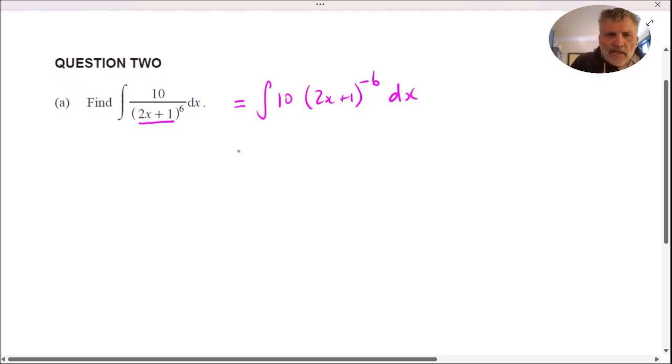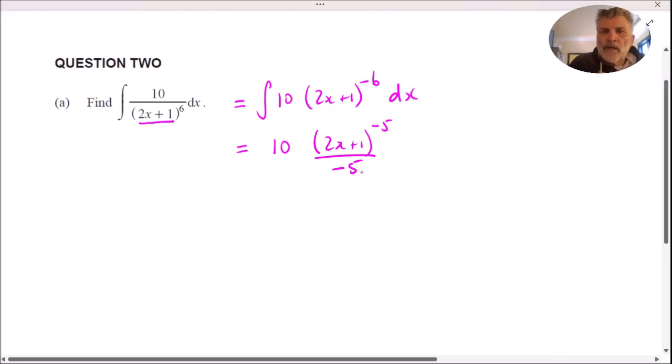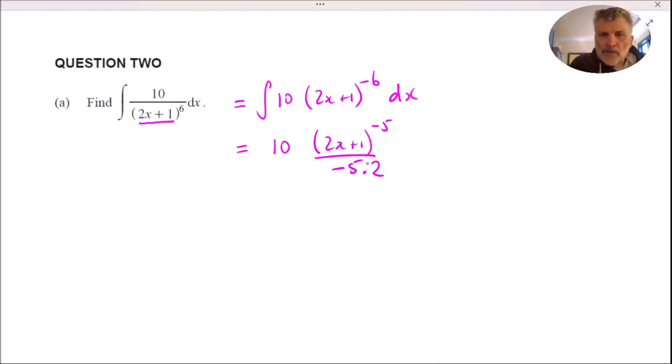That's not a bad practice, to get it into the normal power form. And the rule is add 1 to the power, becomes -5, divide by the new power, and because there's a linear term inside here, we have to divide by the 2. There's no simple rule that we can use if this is more complicated than linear.